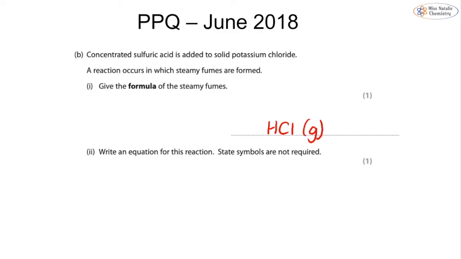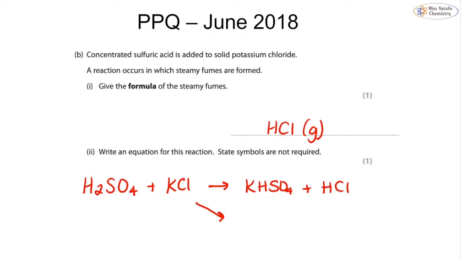And we want to write the equation for this reaction, so we're going to get H2SO4 plus KCl is going to give us 2 possible outcomes. We could get KHSO4 plus HCl, or they will also accept K2SO4 plus 2HCl.